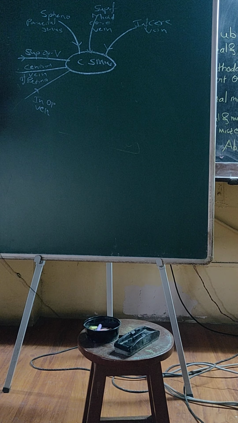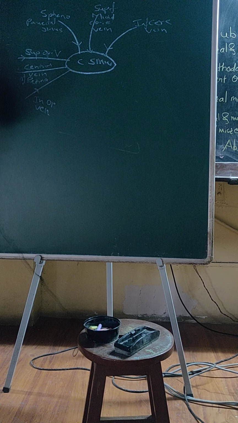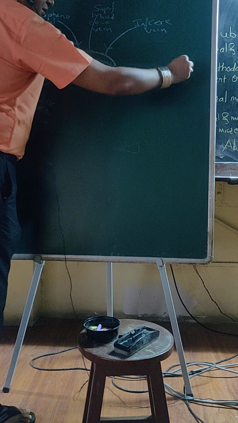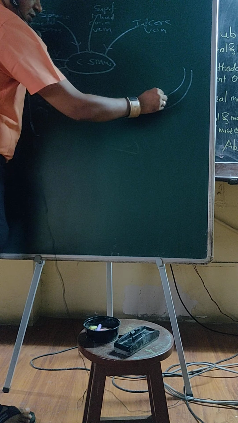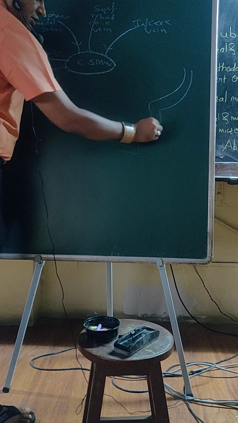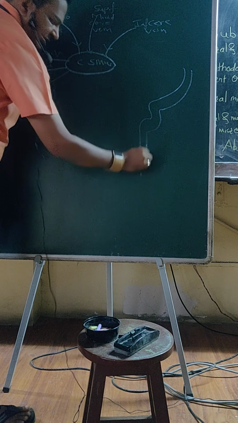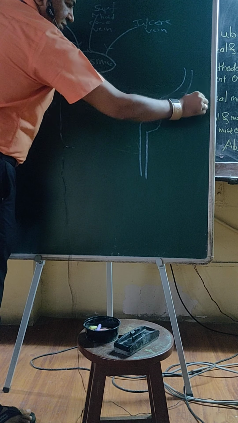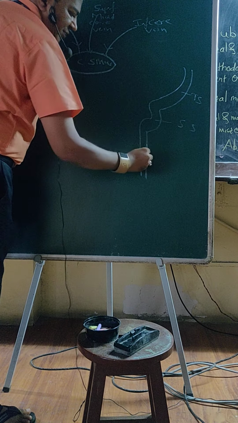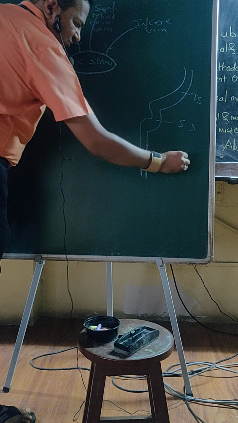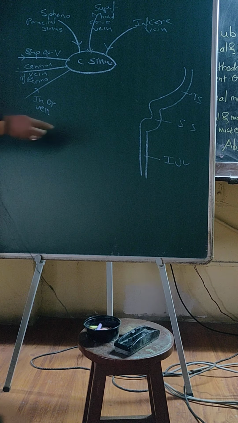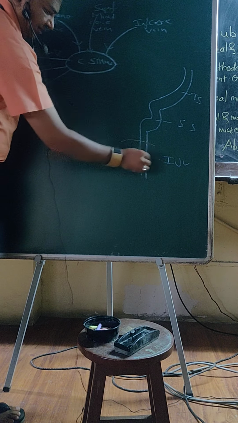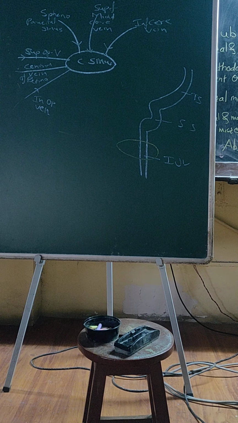Now cavernous sinus also has to drain it. Now blood it is receiving, it has to give that blood. So here there is transverse sinus. Transverse sinus becomes sigmoid. Sigmoid becomes internal jugular vein. Internal jugular vein comes out through which foramen?